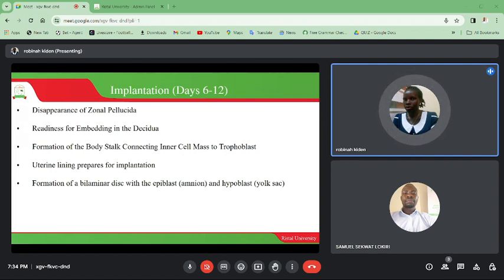Then the uterine lining prepares for the implantation. Then there's also formation of the bilaminar disc with the epiblast, that is the amnion, and the hypoblast, which is the yolk sac.